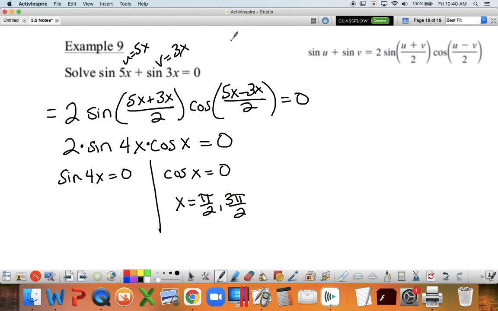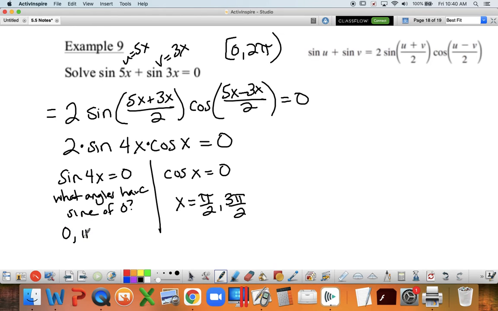Let's say we're solving this on the interval 0 to 2 pi, just to make it a little bit easier. Now, we want to know what angles have a sine of 0. Well, the angles that have a sine of 0, that's going to be at 0, pi, 2 pi, if I keep going around, that kind of thing. So it's 0 plus pi n.